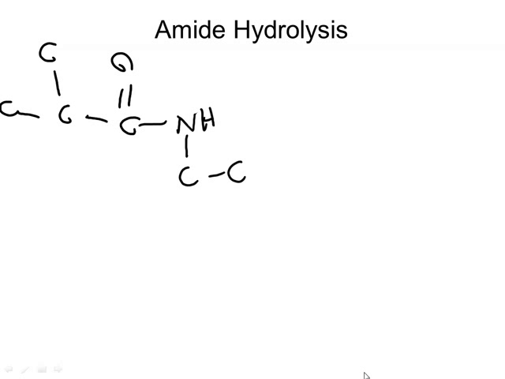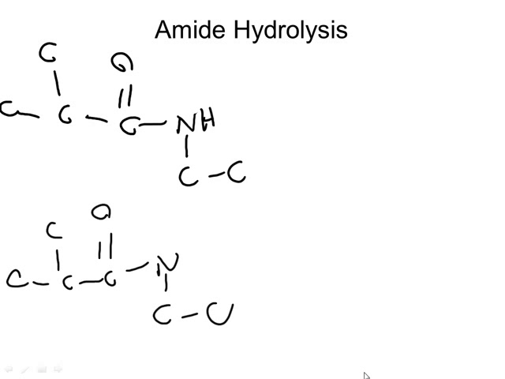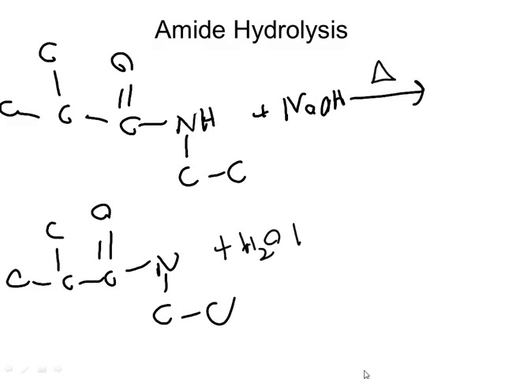Actually, I'll just draw it again. We're going to hydrolyze this by base, and we'll have to add heat. And then we're going to hydrolyze this with water and acid and heat. Now I'm going to be a little cramped with my products, but for the first one, I'll draw it in blue.